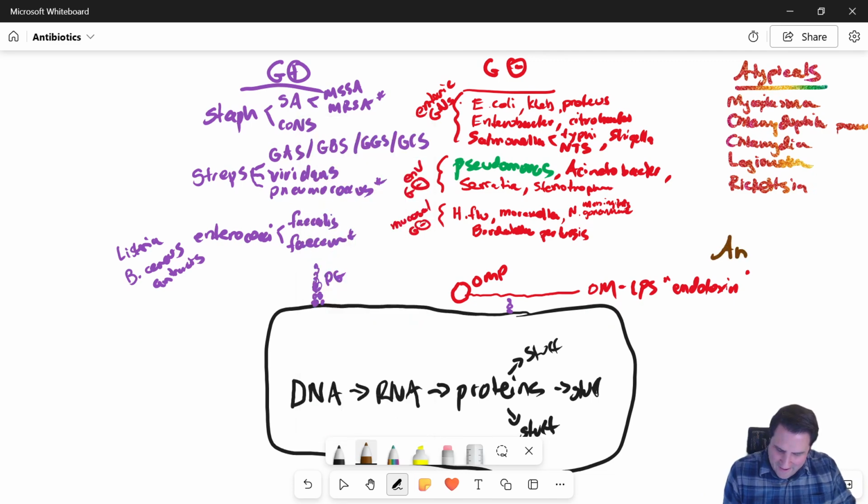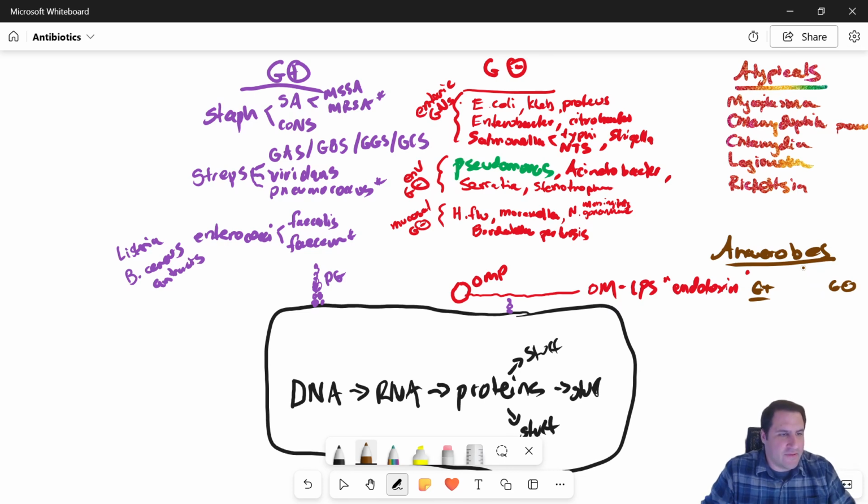Yeah, that's right, we have our anaerobes. And how do we divide up anaerobes? Interestingly, we just divide them up into gram positives and gram negatives. And it's really their unique metabolism that's why they're anaerobic.